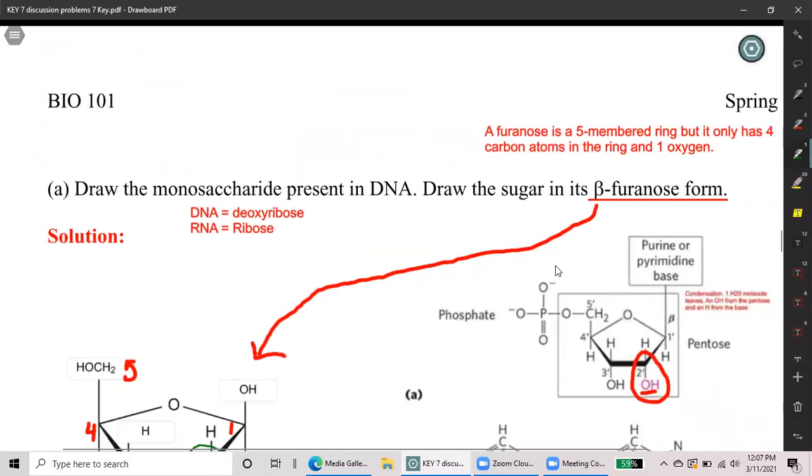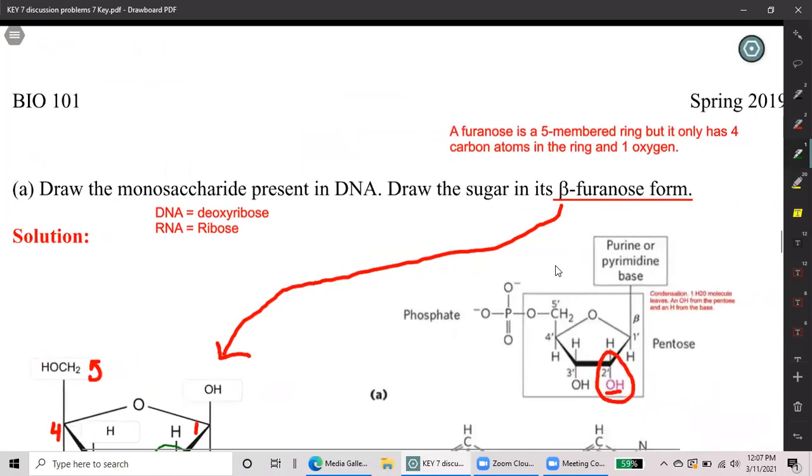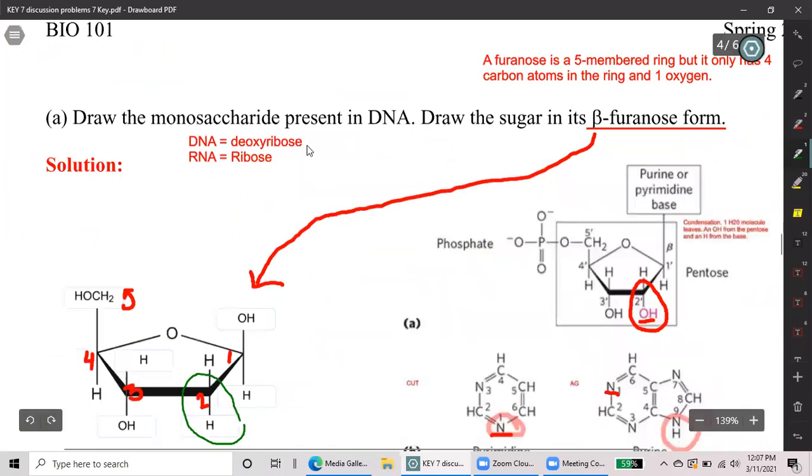All right, nucleic acid structure. So remember your definitions of furanose. That's a 5-membered ring with only 4 carbon atoms in the ring and 1 oxygen. They're asking you to draw a beta furanose. DNA is deoxyribose, that's the sugar. RNA is ribose, okay?